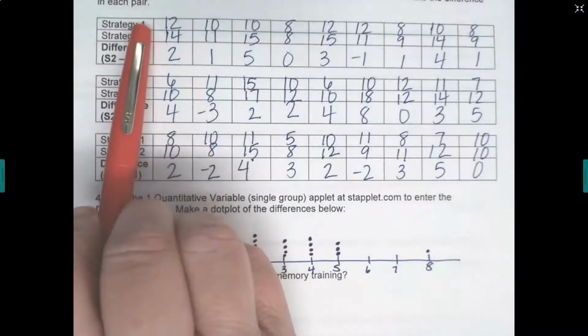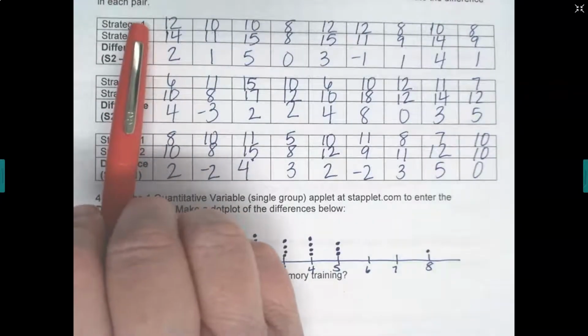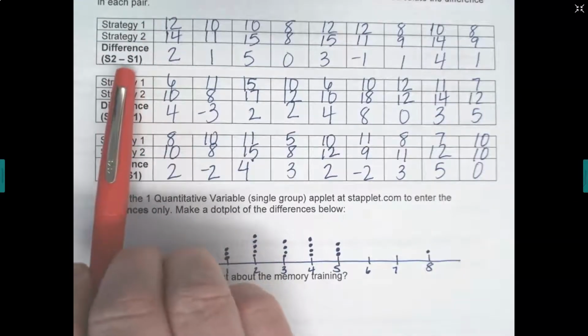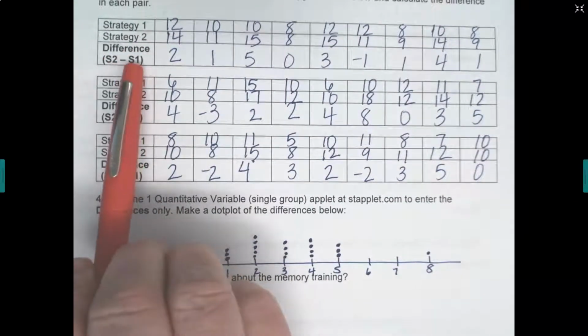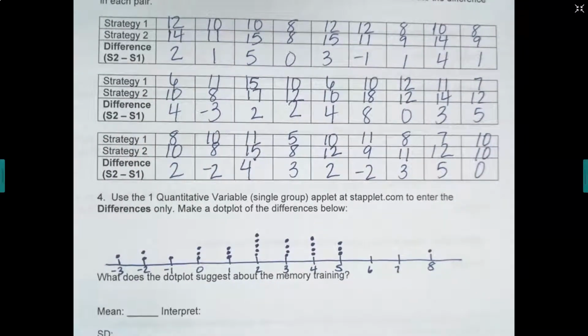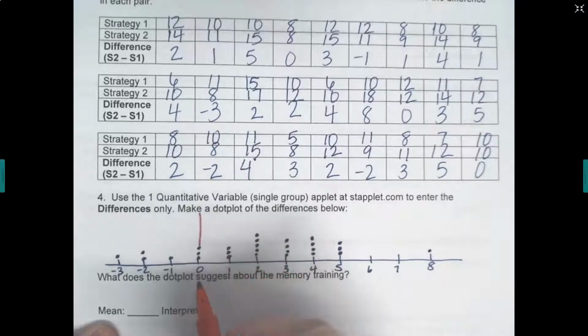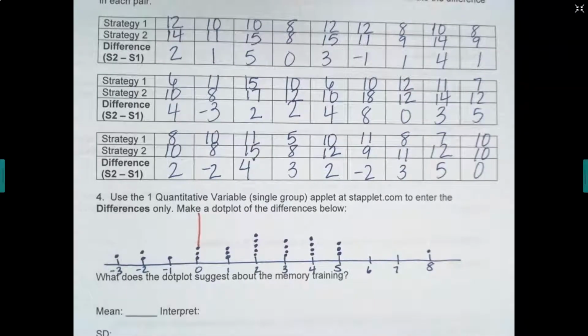So strategy 1 is just reading them over and over. Strategy 2 was the story strategy, and so the difference was the story strategy minus the reading strategy. Okay, so that's what our graph is representing. If they're right here, this represents no difference. They got the same both times.